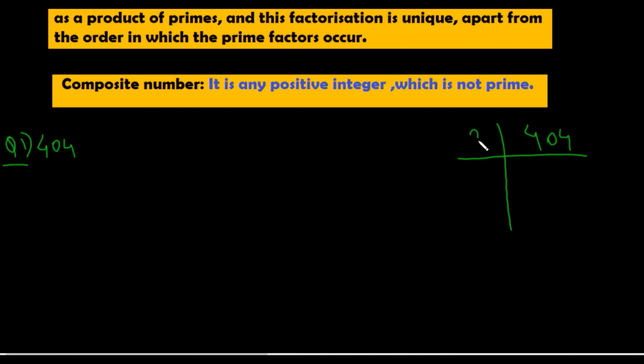So as 404 is divisible by 2, we will divide it by 2 and it will be 202. Now again this number is divisible by 2, so we will divide and get 101.